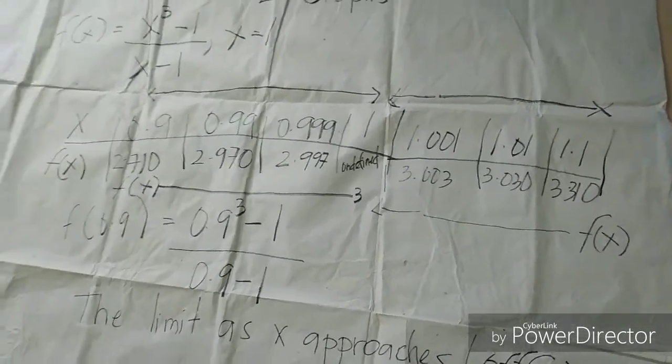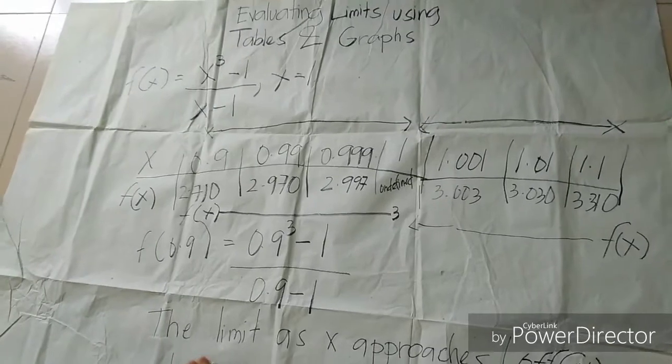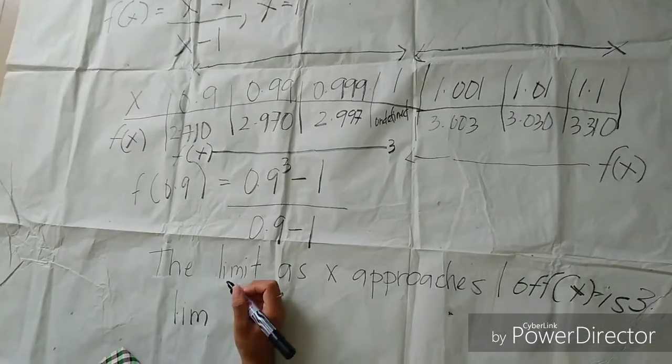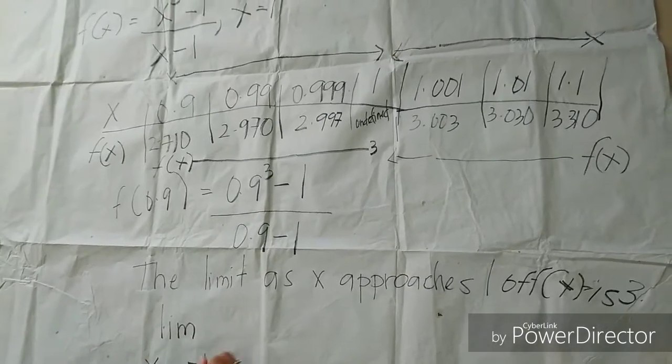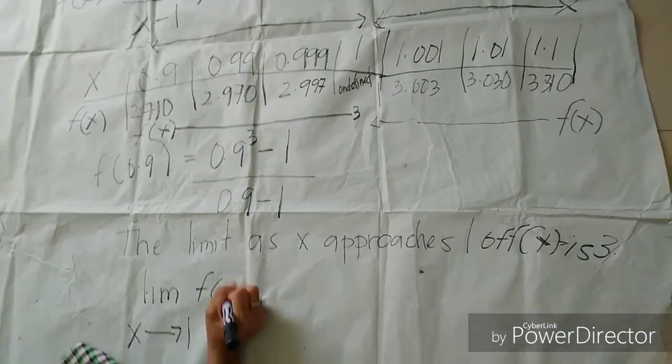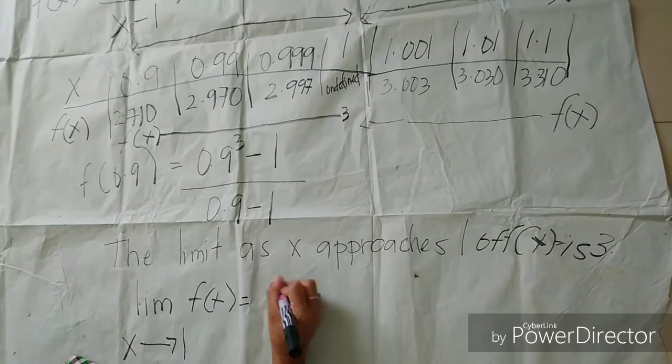And when we write that, limit as x approaches 1 of f of x is equal to 3.